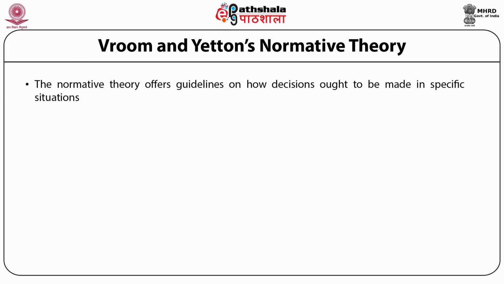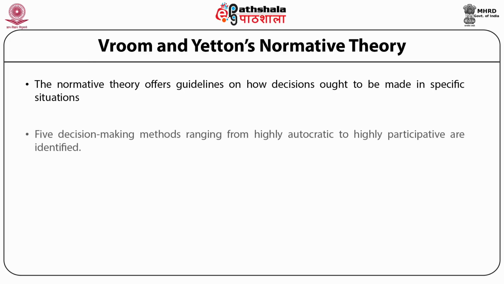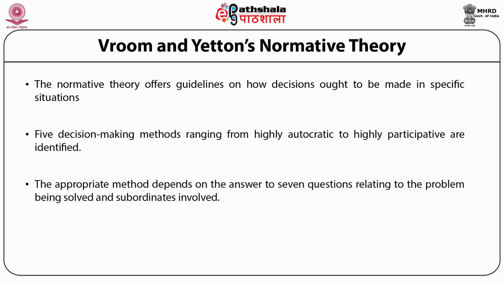The normative theory offers guidelines on how decisions ought to be made in specific situations. The 5 decision-making methods, ranging from highly autocratic to highly participative, are identified. The appropriate method depends on the answer to 7 questions relating to the problem being solved and the subordinates involved.